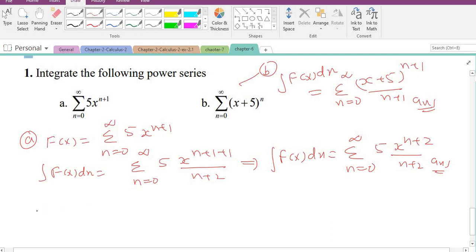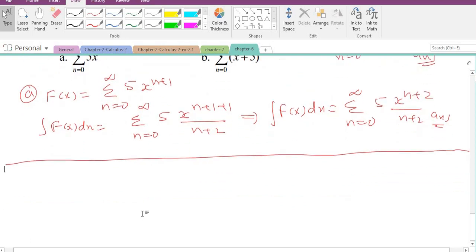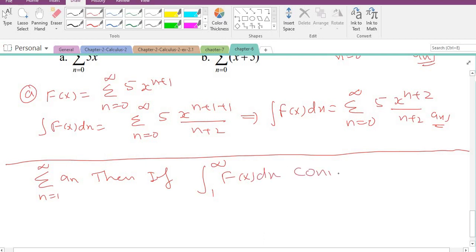For that, if the series is given as the summation from n equal to 1 to infinity of a_n, then if the definite integral from 1 to infinity of f(x) dx converges, then the series converges.